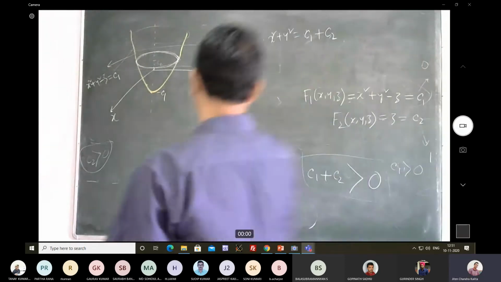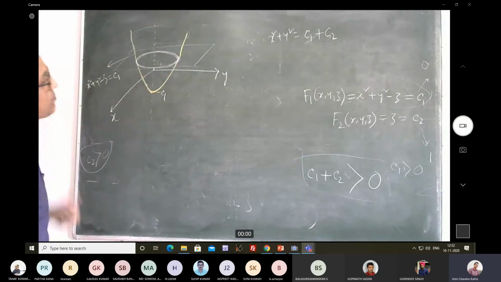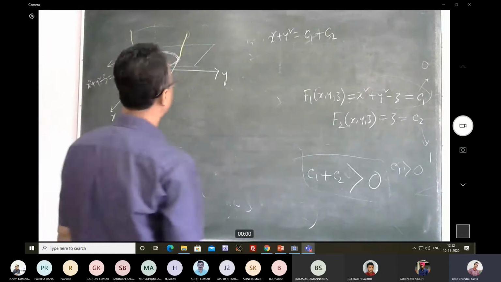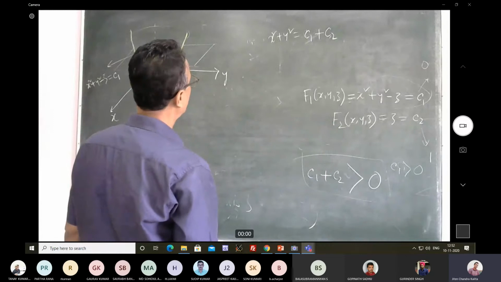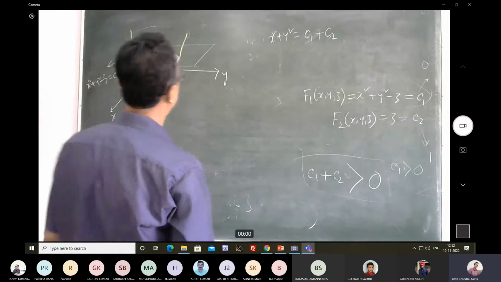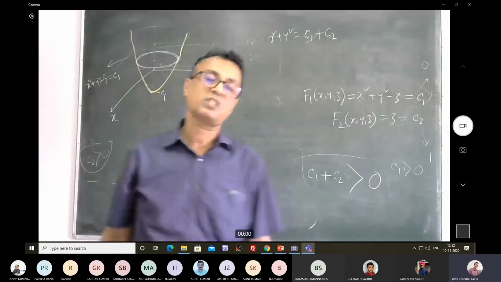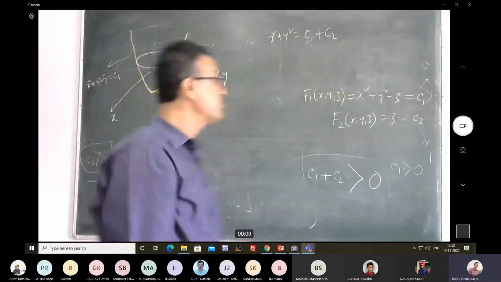Okay. So now, if you want to have a parametric representation of the curve of intersection, can you give me that?